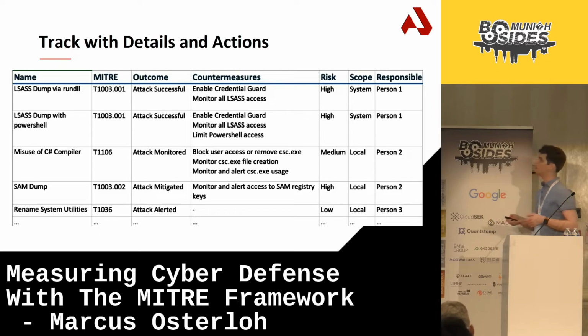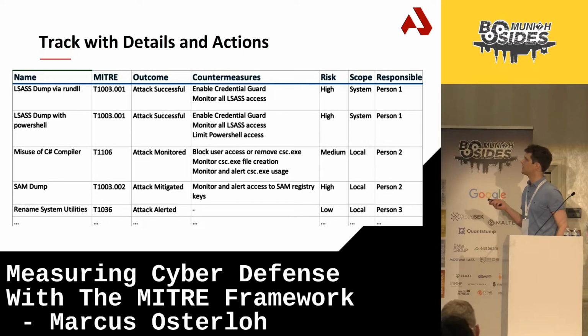So we can also go a bit deeper into this, so that we can write down some cases pretty briefly. Let's take, for instance, LSASS dumping via rundll32. Here the attack is successful. We categorize it in MITRE and we define countermeasures. We have a risk scoring within it.